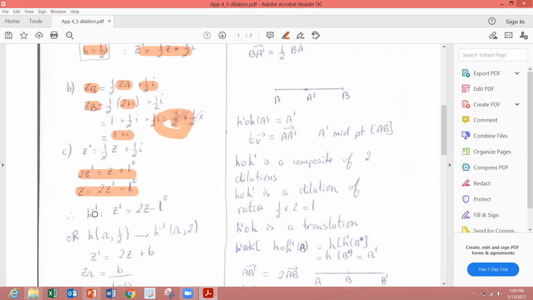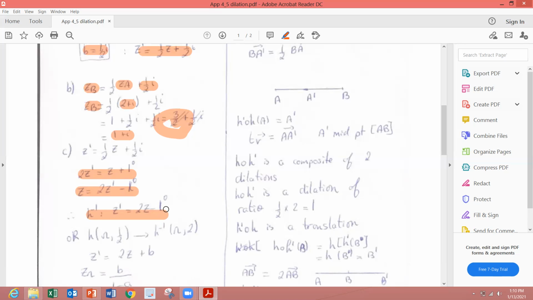I can put H inverse Z equal 2Z minus I. واضح هيدا الميثود؟ شباب. Yes. هيدا أول method. To calculate the inverse, I calculate Z in terms of Z prime.